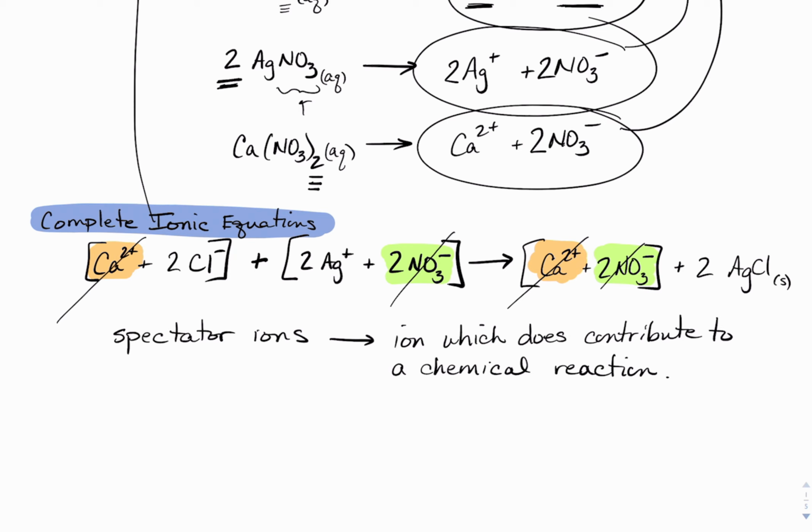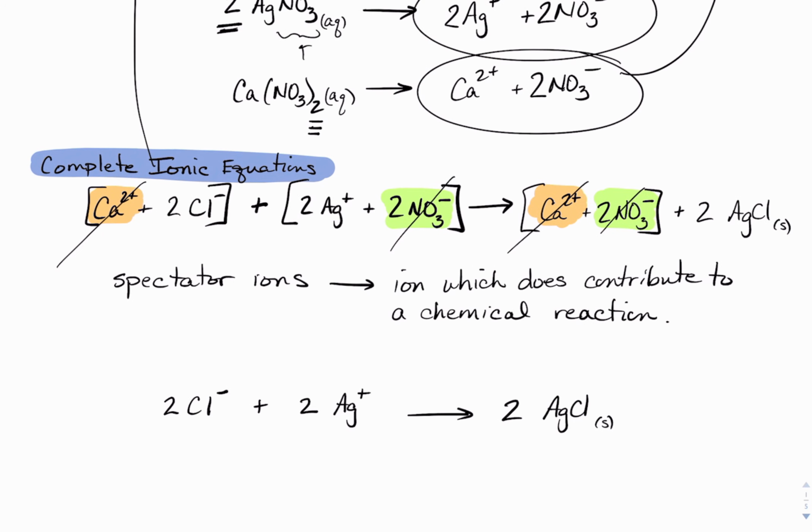We'll just write every single thing that's left in the reaction. So we'll have 2 chlorine minuses and 2 silver pluses, and then we have our yield sign, and then we're left over with 2 silver chloride solid substances, and this still balances element symbol wise.